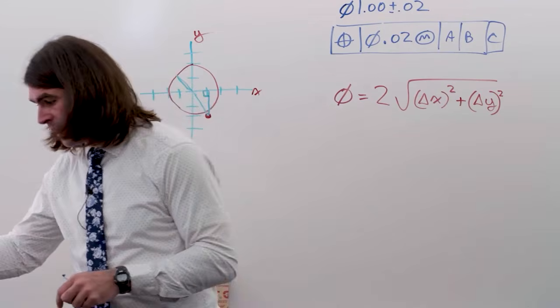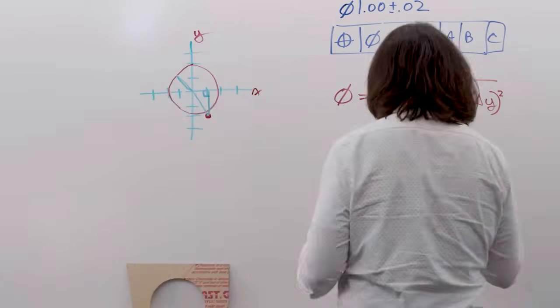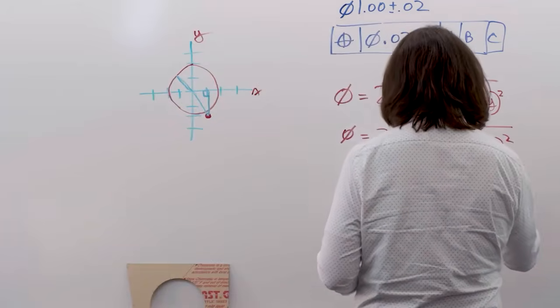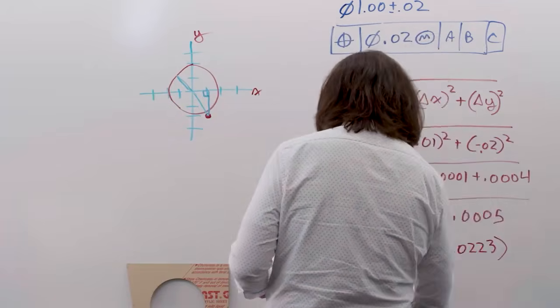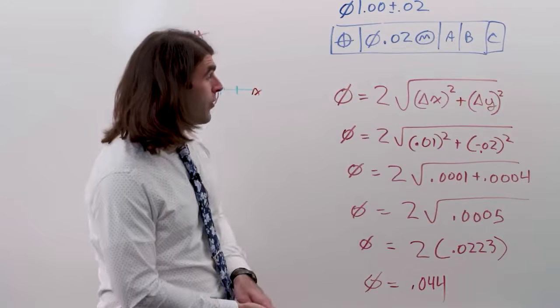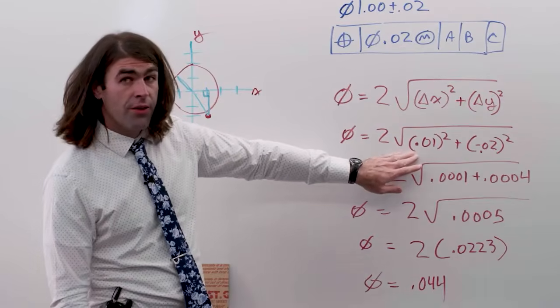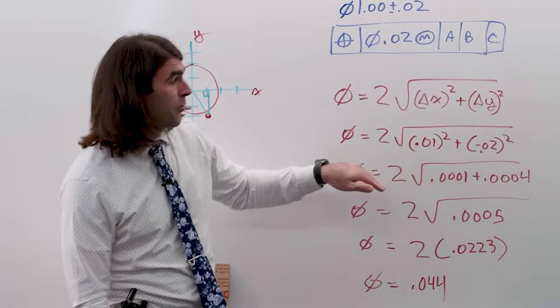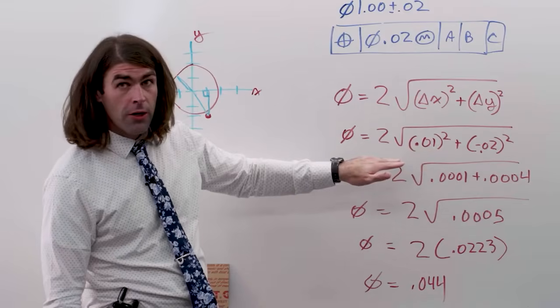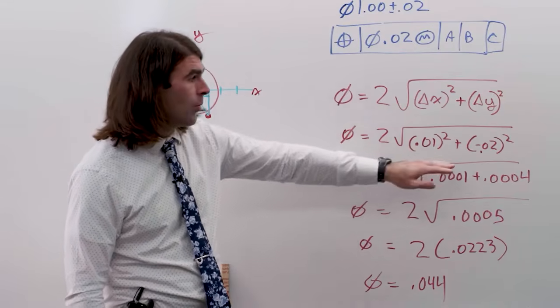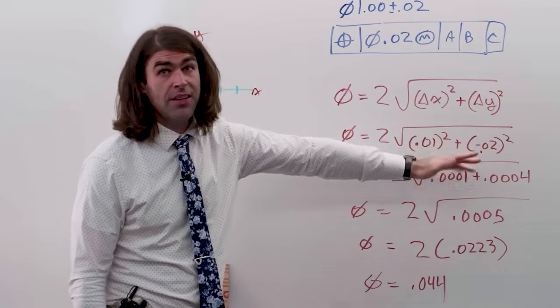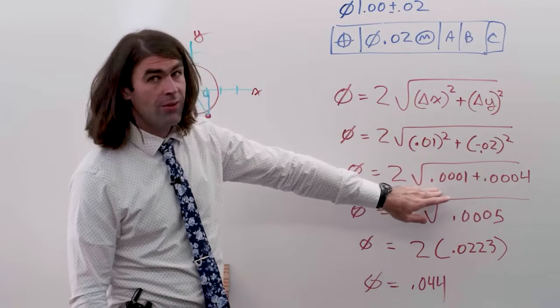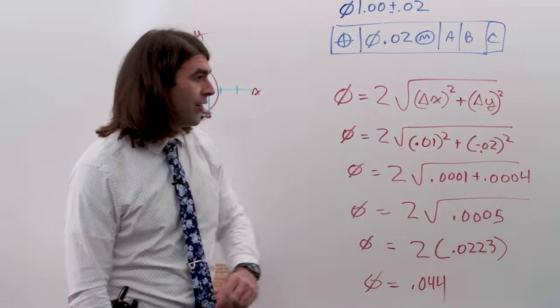So let's go through the math real quick. The first thing we do, we insert their variation into their respective places. We square each one of them separately. So it turns out it doesn't matter that this one is negative. We're going to get 1/10 of a thousandths, 4/10 of a thousandths.